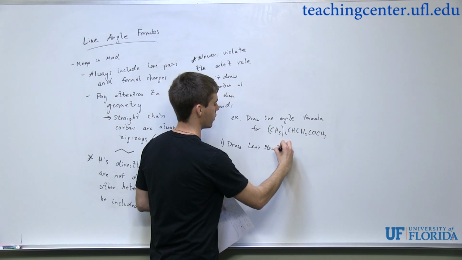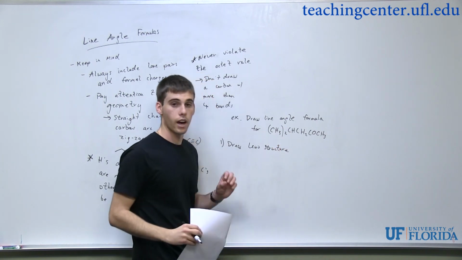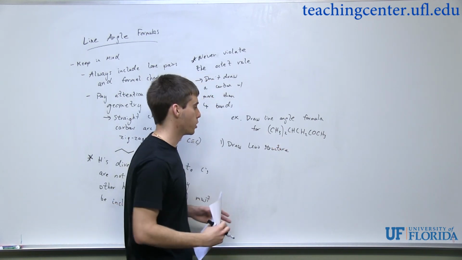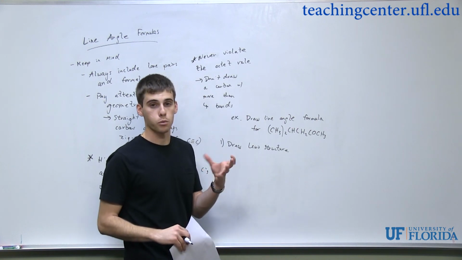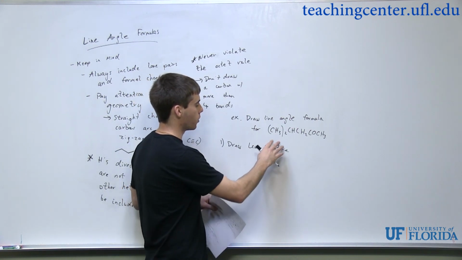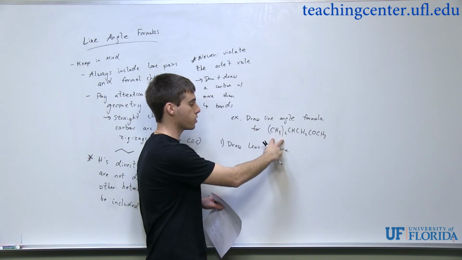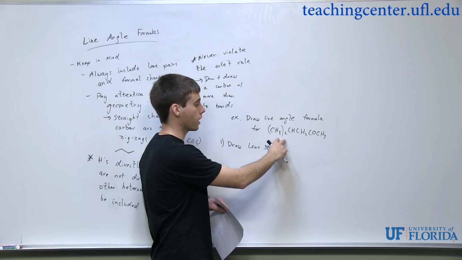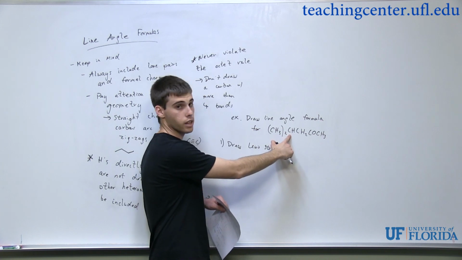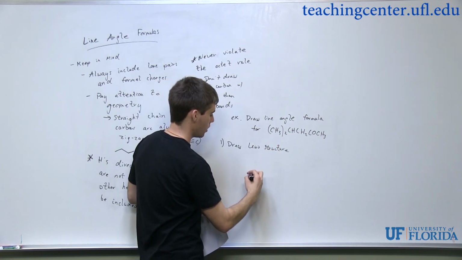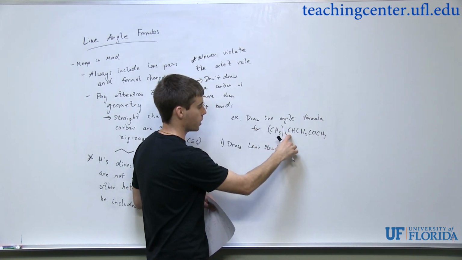I'm not going to go out and count out the number of lone pairs that there's going to be. I'm just going to look at how the atoms would be interconnected. So you've got this CH3 in parentheses with the 2. That means there's 2 CH3 groups that are connected to the same atom. In this case, it's going to be this carbon. So I'm going to start by drawing this carbon here.